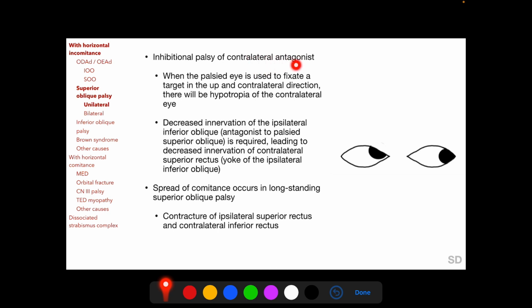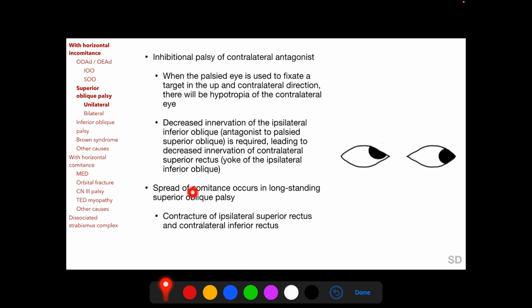Although contralateral antagonist is a conflicting term, because by definition the term antagonist refers to a muscle in the same eye with opposite action. Spread of comitance occurs in long-standing superior oblique palsy, like palsy of any other extraocular muscle. Spread of comitance means decrease in the difference of deviation in different positions of gaze as found in paralytic strabismus, and because of which the incomitant nature of the strabismus becomes more and more like a comitant strabismus, in which the deviation between the two eyes is the same in all positions of gaze.